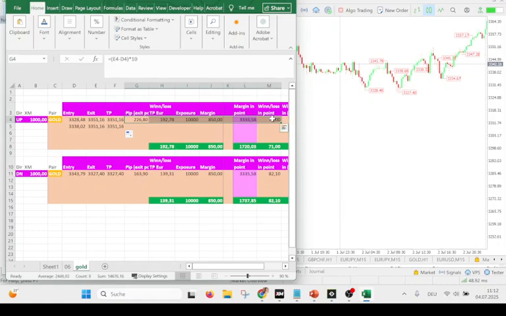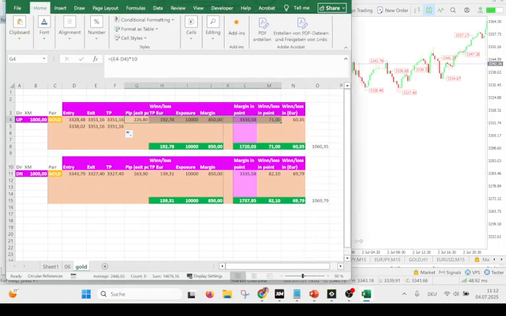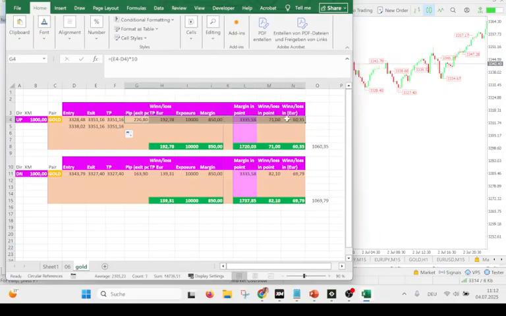Then I copy these cells up, and if everything would have gone right, then I would have made this number of pips. But I can check with this Excel every moment where I am.